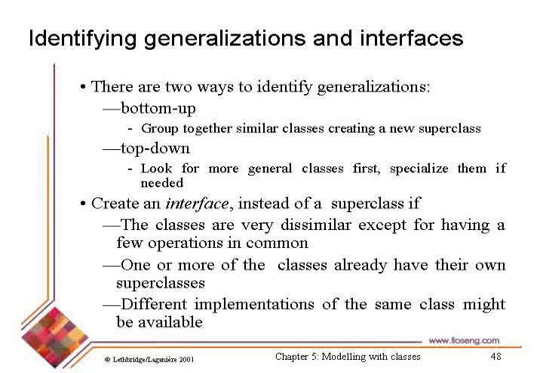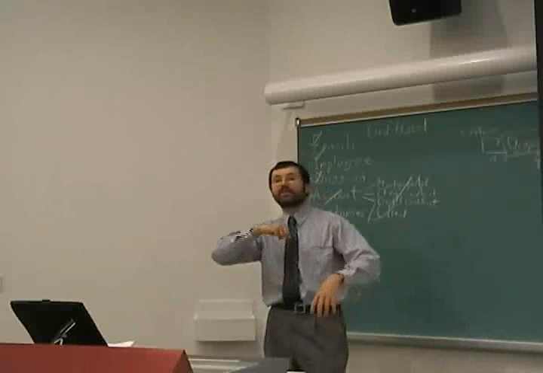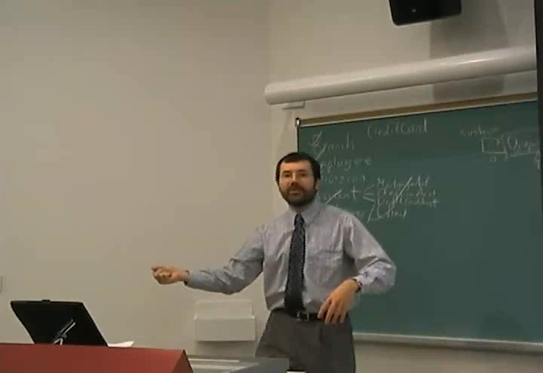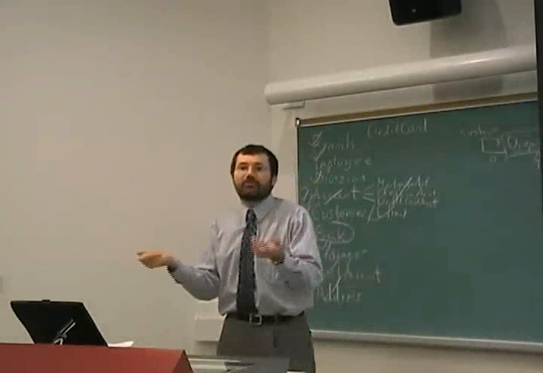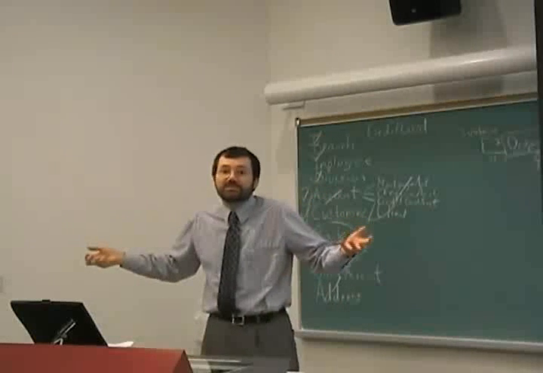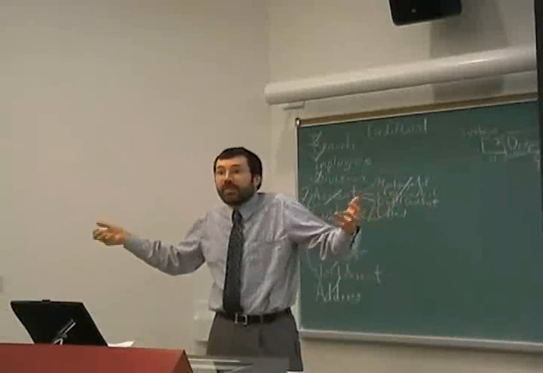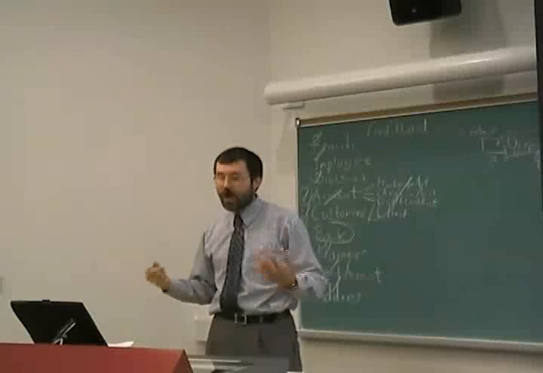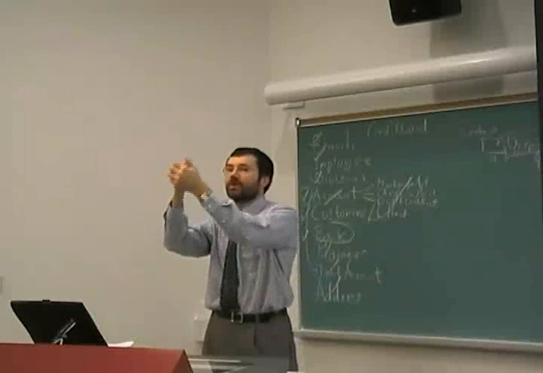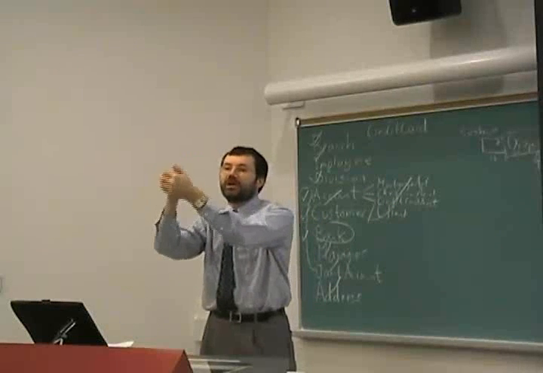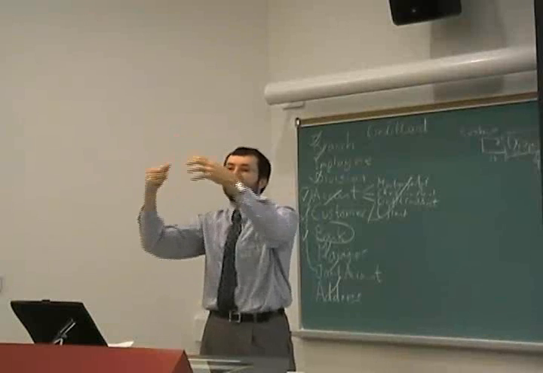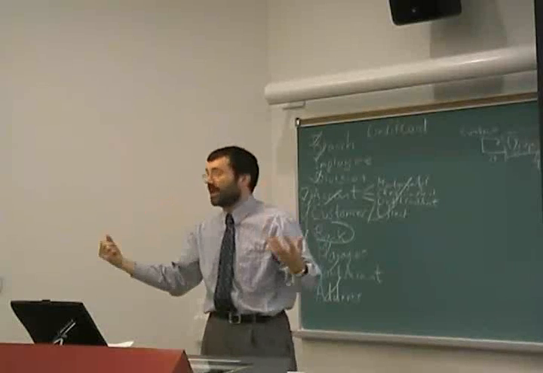There are two ways that, when you're doing modeling, you look for generalizations. One way is bottom-up. Bottom-up says you see two similar classes, like employee and client, and you say there's something similar about these. They have a name, they have an address, they have a phone number. Therefore we should create a common superclass, which is going to capture those commonalities so they inherit to the subclasses, so we don't have to duplicate.